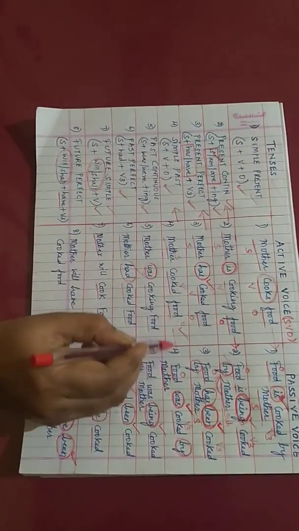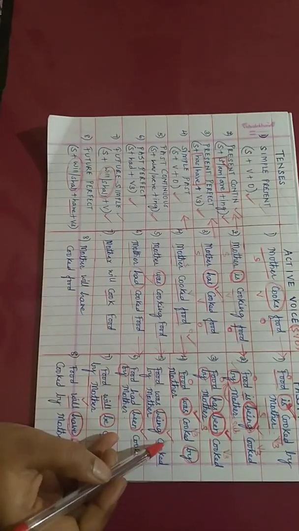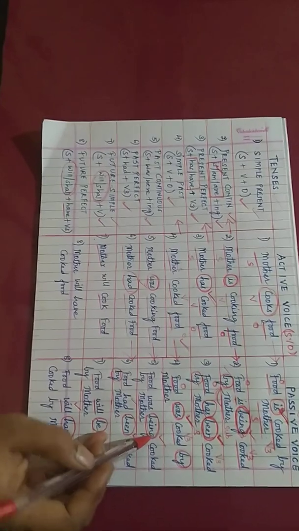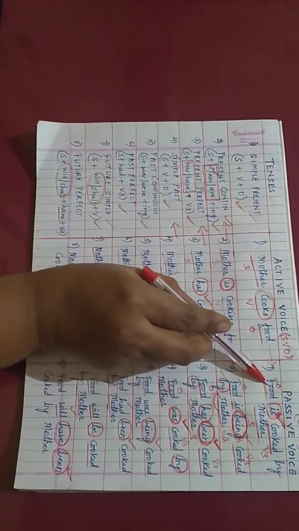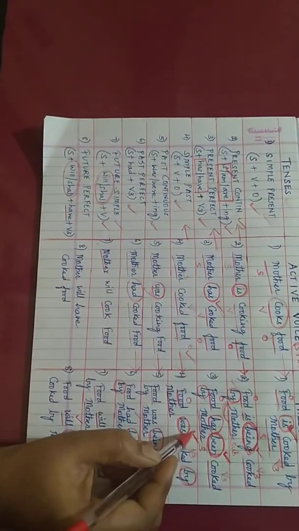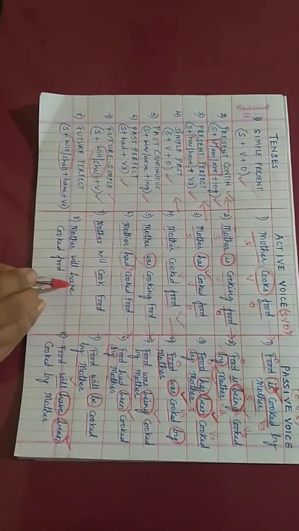Now when you convert these statements from active to passive voice, what do you need to remember? We have to follow the same principles, the same rules. Like you can see in present tense we added is. Same way in simple past we have to add was.